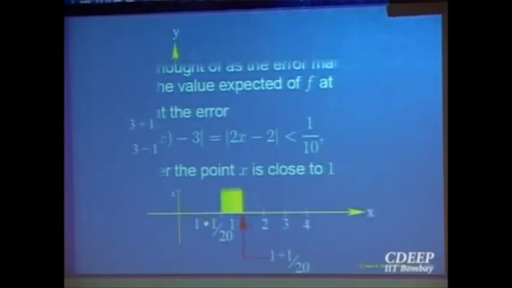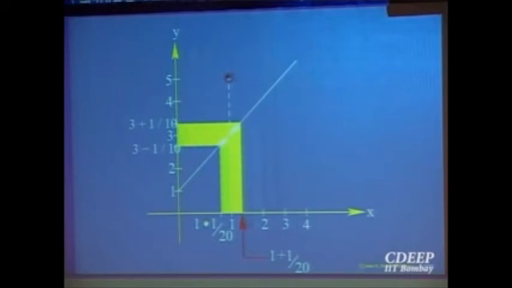So here is a picture of that. At the point 1, if I take all points in a neighborhood at the most distance 1 over 20, then all the values will go in the neighborhood of the point 3 by distance 1 over 10. So we are saying that if you want to make this error small, the actual value is 3, and the value at a point x is going to be somewhere in between.